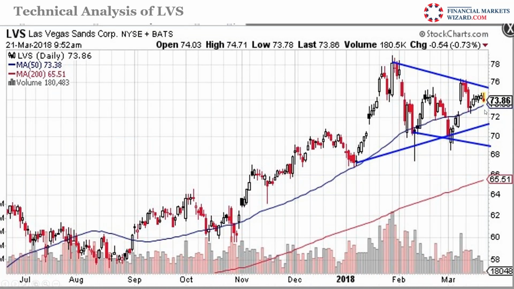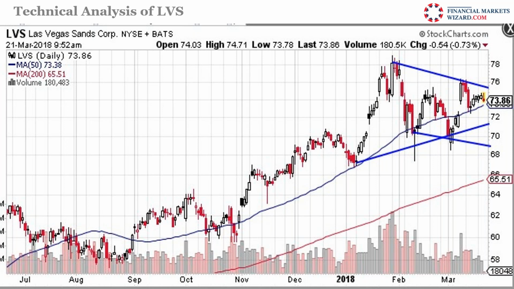Same thing with LVS. On the LVS day, I saw this little gap on LVS. I said, oh, LVS gapped down. Let me immediately flip to Wynn. You have to flip to another stock in the same category when one stock is showing you the sign, because the problem could be only with that stock.